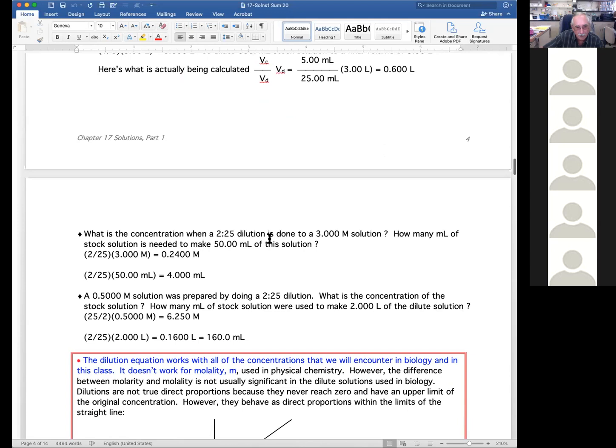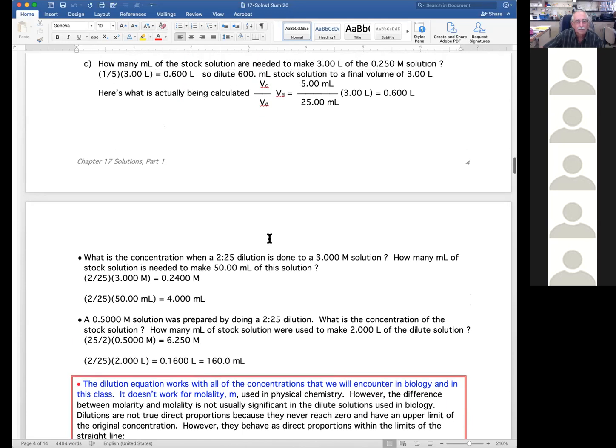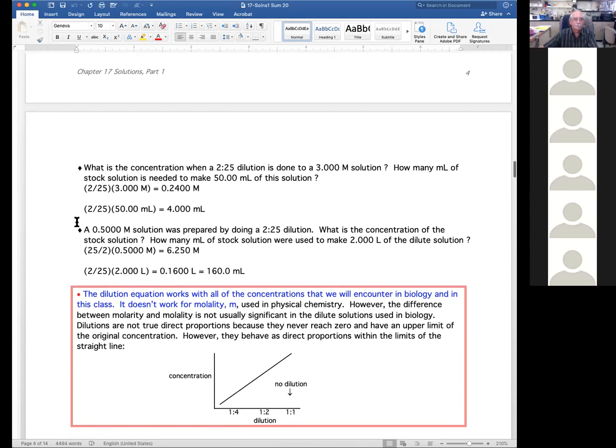Look at this problem at the bottom here. A 0.5 molar solution was prepared by doing a 2 to 25 dilution. What is the concentration of the stock solution? What are my choices? I can either do a 2 to 25 or a 25 to 2.